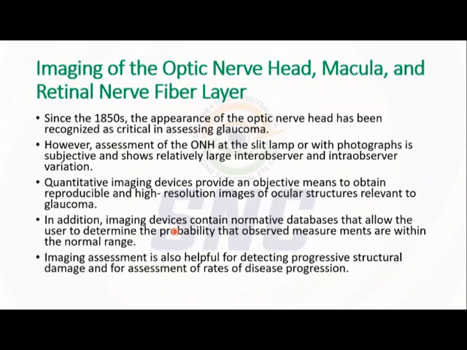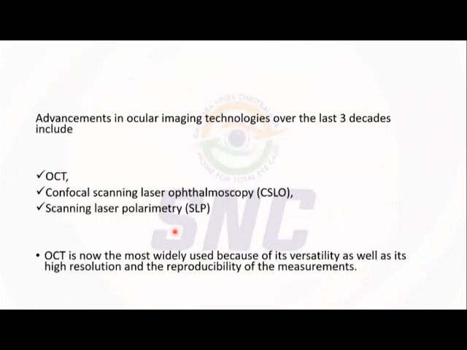So quantitative imaging devices provide an objective means to obtain reproducible, high resolution images of ocular structures relevant to glaucoma. The imaging devices contain normative databases that allow the user to determine the probability that observed measurements are within the normal range or not. Imaging assessment is also helpful for detecting progressive structural damage and assessing the rate of disease progression.